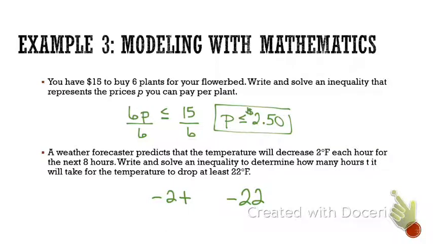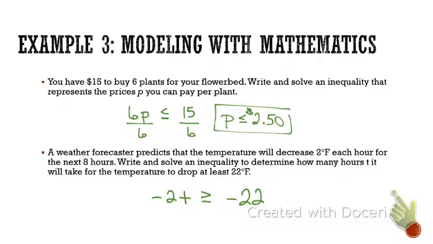So now it says, how long will it take for the temperature to drop at least? So the minimum it's going to be is this amount. So that means that this temperature drop needs to be greater than or equal to negative 22.